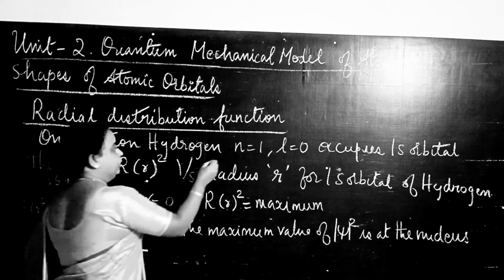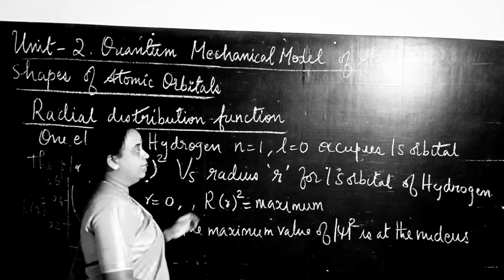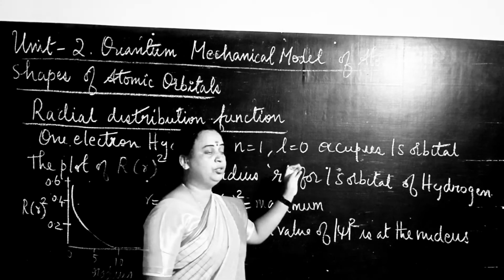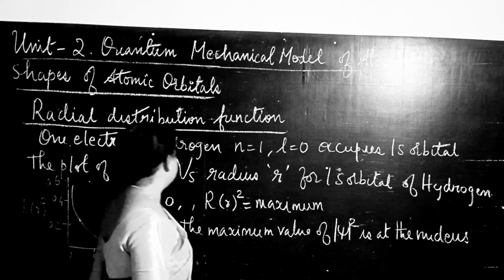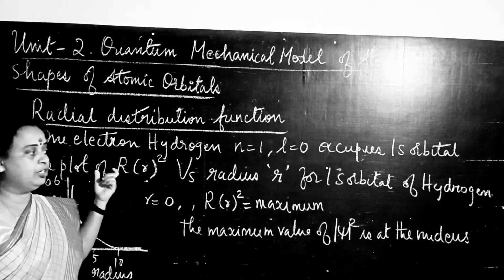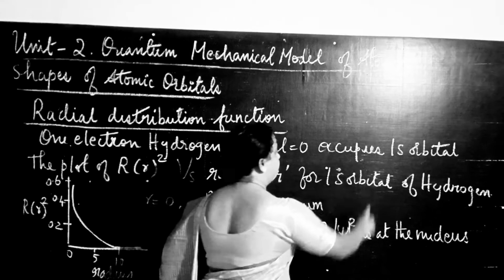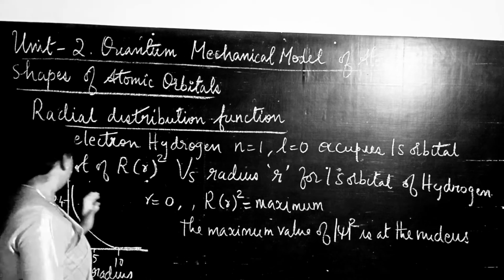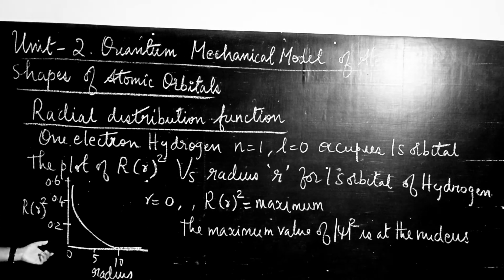So the principal quantum number n is equal to 1 and the azimuthal quantum number L is equal to 0. This one electron of the hydrogen atom is present in the 1s orbital. Now here is a plot of R R square. What is R R square? That is the radial distribution.